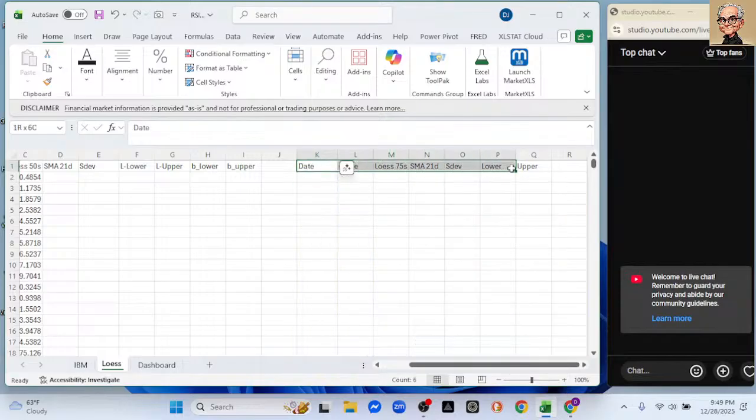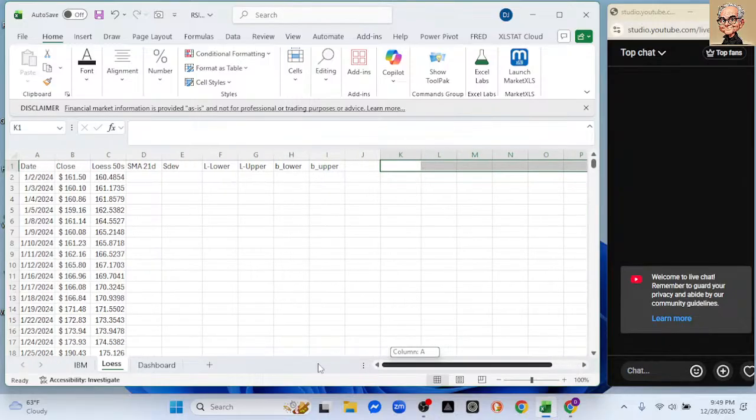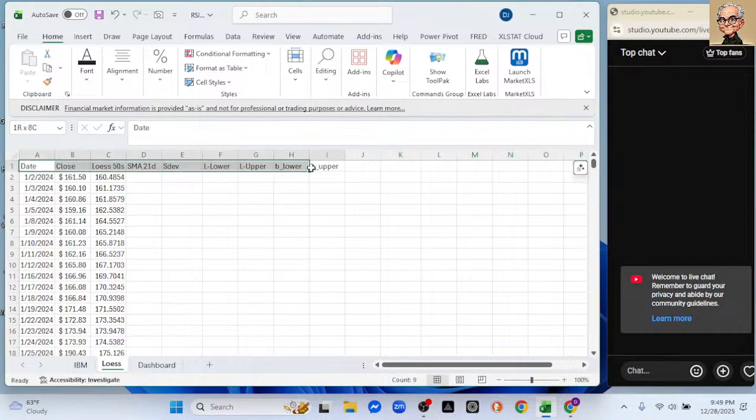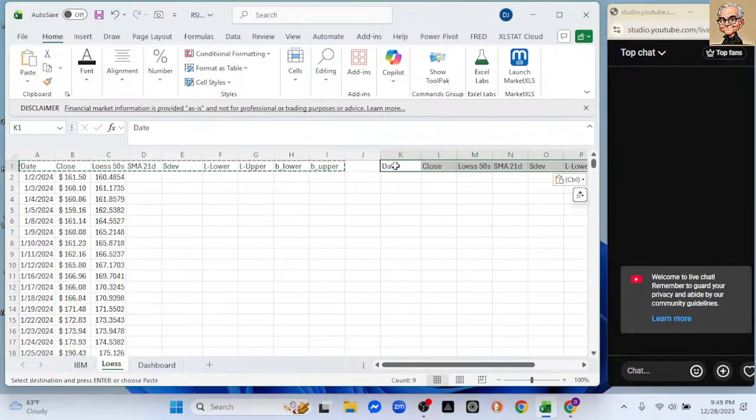Let's get rid of this. We'll enter a new set of headers. And we're just going to plot the bands, okay? We're not even concerned with anything else besides the bands, all right? So let's come back over here again.